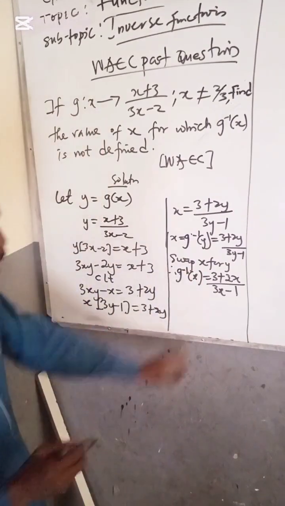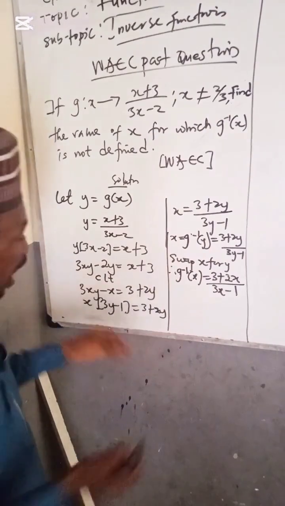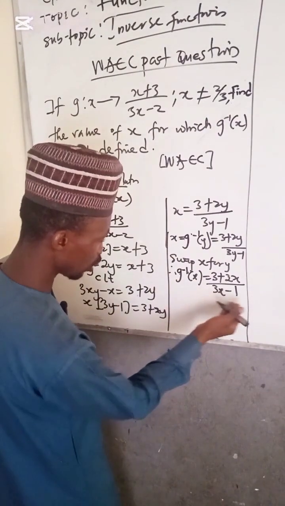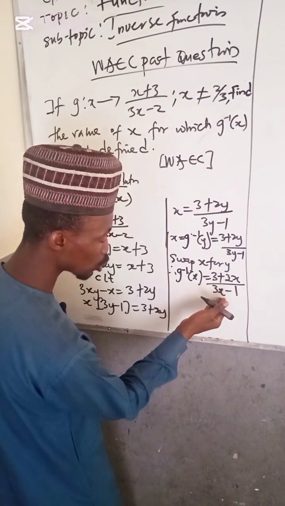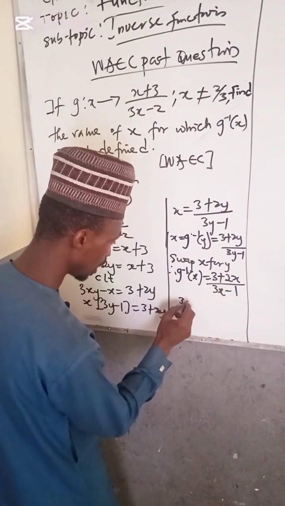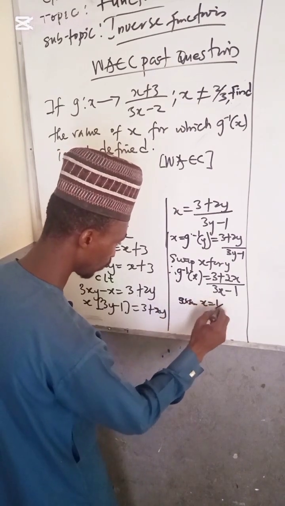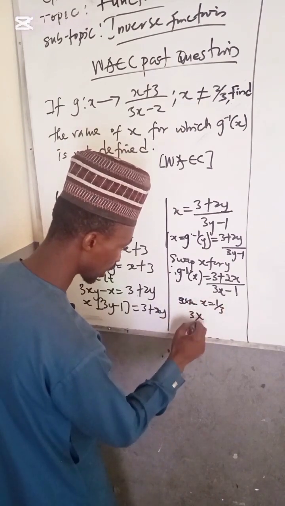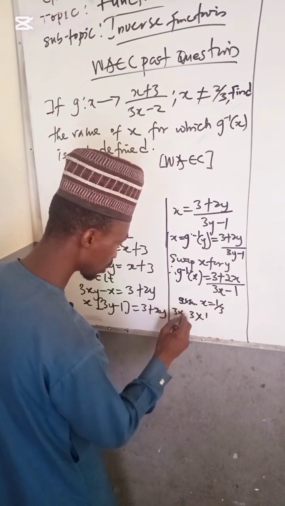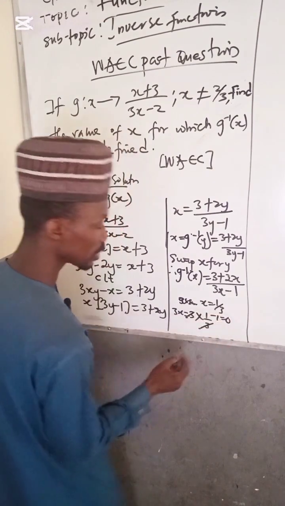Good. Now, if you look at this critically, what can make g inverse of x undefined? Look at this denominator. Assuming x equals 1 over 3, you have 3 times 1 over 3, which is 1, minus 1, which is 0.